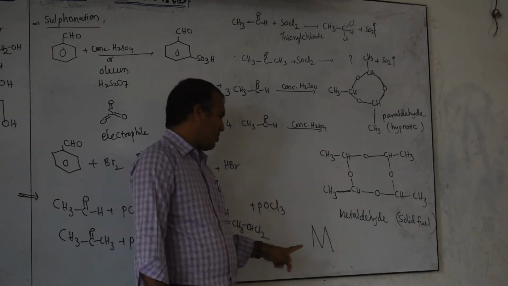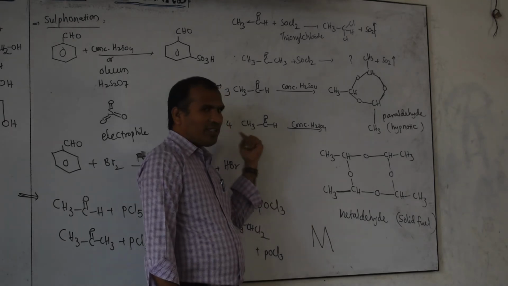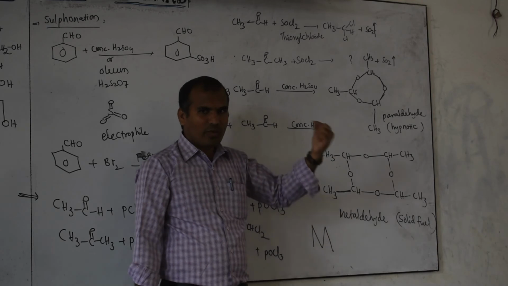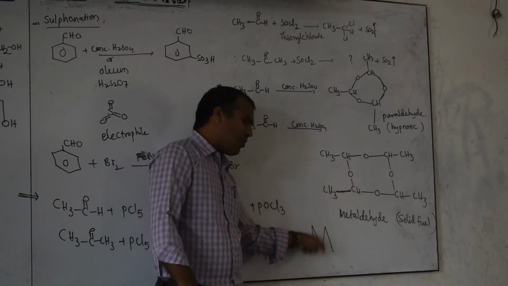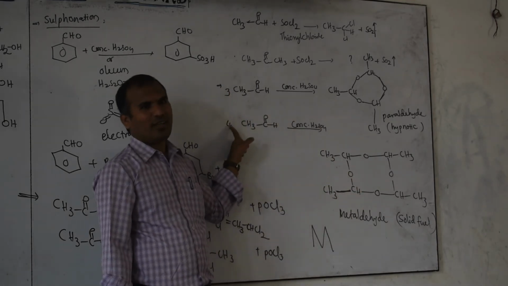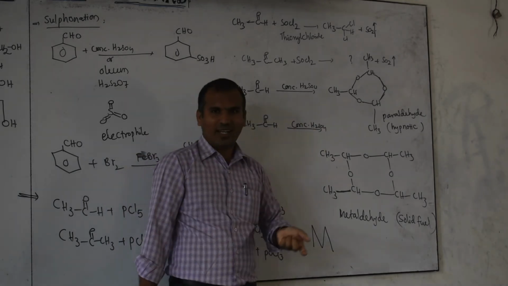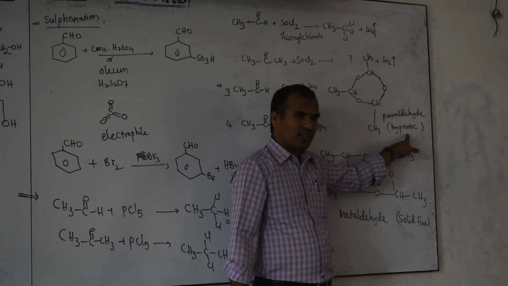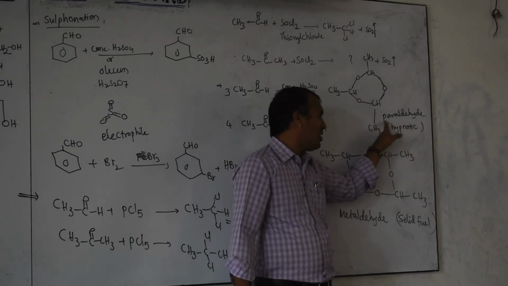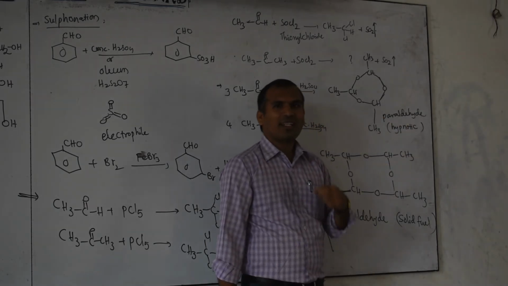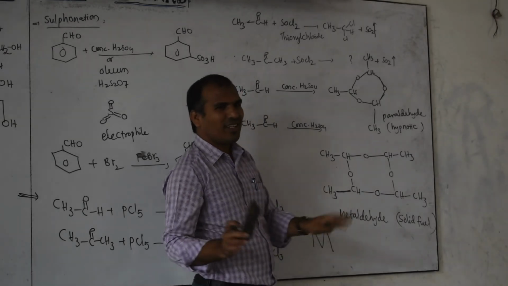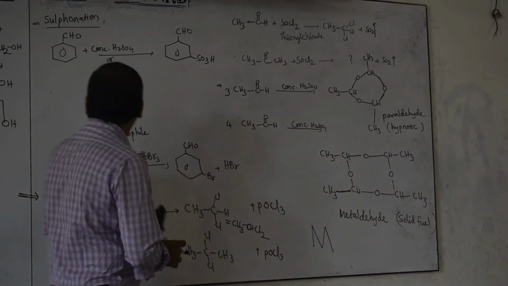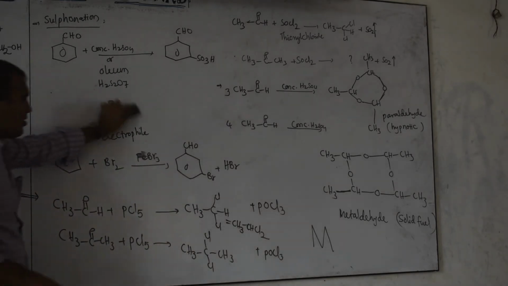If 4 moles participate, metaldehyde forms. In metaldehyde the number of lines is the number of molecules that participate. Its opposite is paraldehyde. In this word P is there, and in the other also P is there. These are just for remembering purposes, for competitive exams. And the last and final is here.